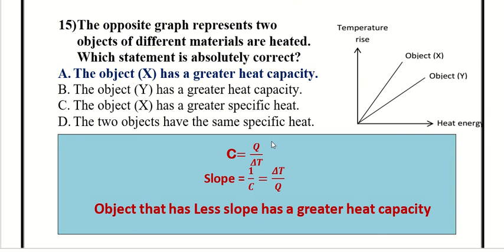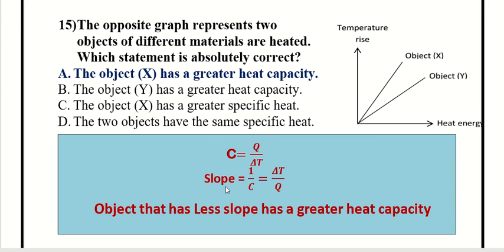Question number 15. The opposite graph represents two objects of different materials being heated. Which statement is absolutely correct? This is the relation between temperature and heat. The slope equals the difference in temperature over the quantity of heat.